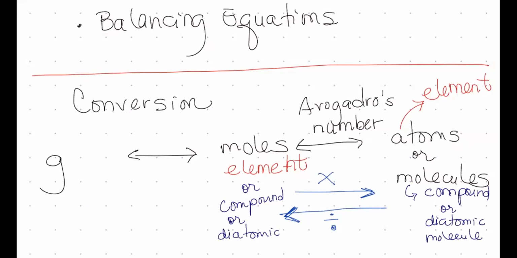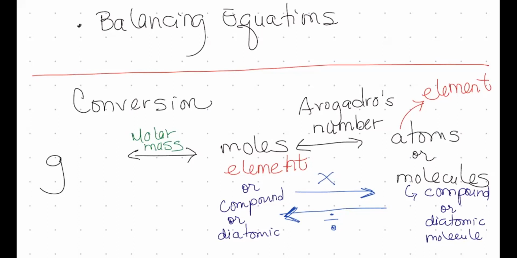The right side, we're good. The left side is moles to grams, and my conversion for that is the molar mass. It doesn't matter if I start with moles of an element, moles of a compound, or moles of a diatomic molecule.